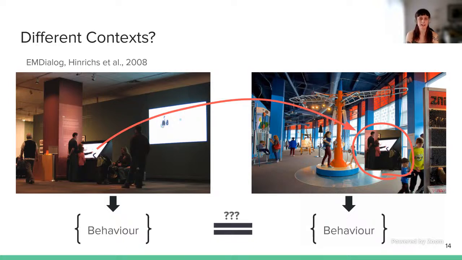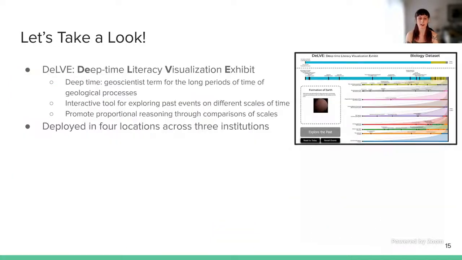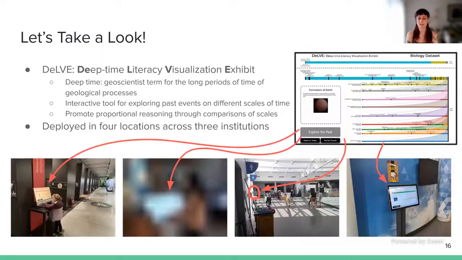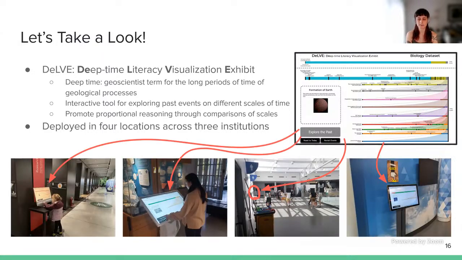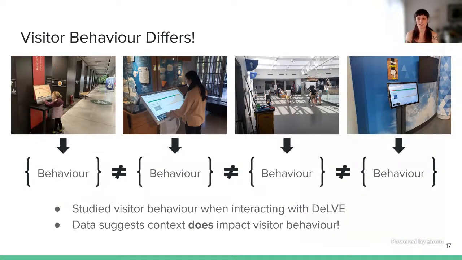This is what we set out to find out with DELVE, which stands for Deep Time Literacy Visualization Exhibit, where deep time is a geoscientist term for the long periods of time of geological processes. And we deployed DELVE in 4 locations across 3 different institutions. We studied visitor behavior with Delve at these 4 locations and found that they differed quite a lot, which suggests that context does impact visitor behavior.